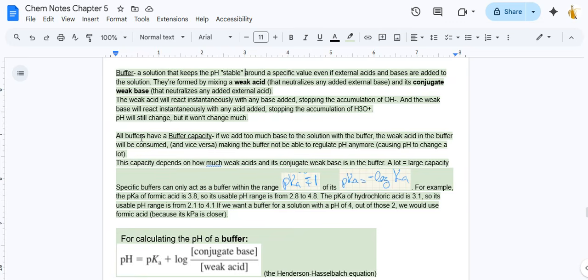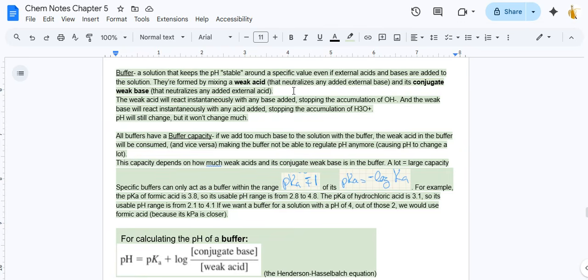All buffers have a buffer capacity because there's only so much weak acid and conjugate weak base in the buffer. So if we add too much base to the buffer, all of that weak acid will be used up and the buffer runs out and doesn't work anymore.